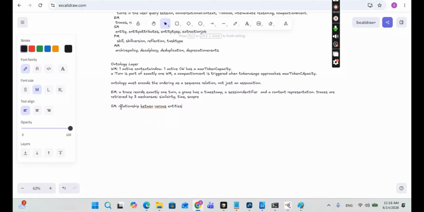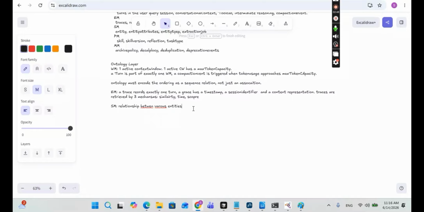When I say extraction job, it is very much mandatory to understand all these concepts now, because these will be helpful later when we come up with the system design session of this 5-layer memory system. So understanding these concepts is very important.